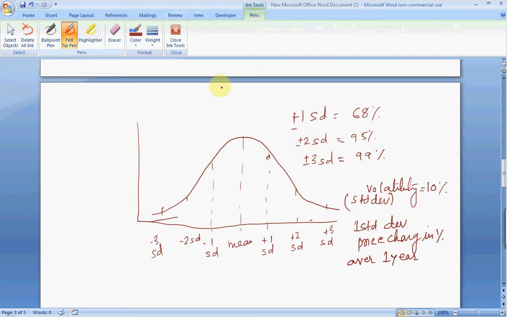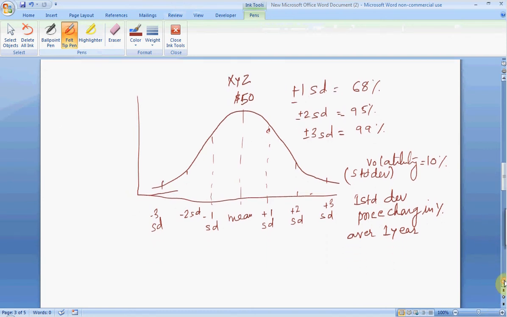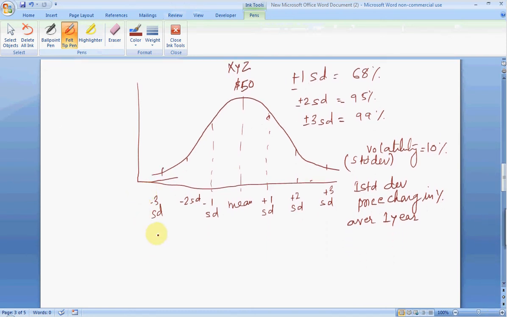Suppose we have an underlying XYZ with the mean of $50. We can calculate plus minus 1 standard deviation, that's 10%, so that would be plus minus 5.